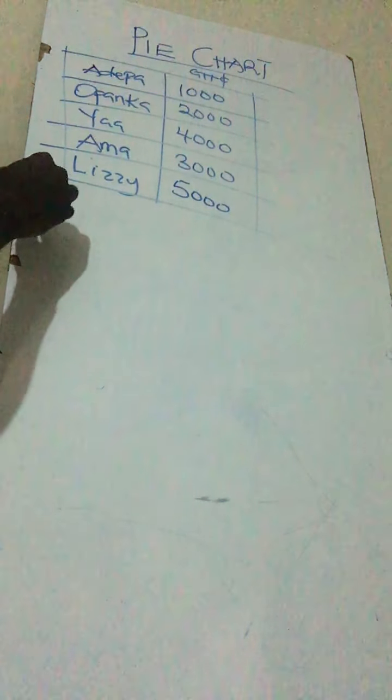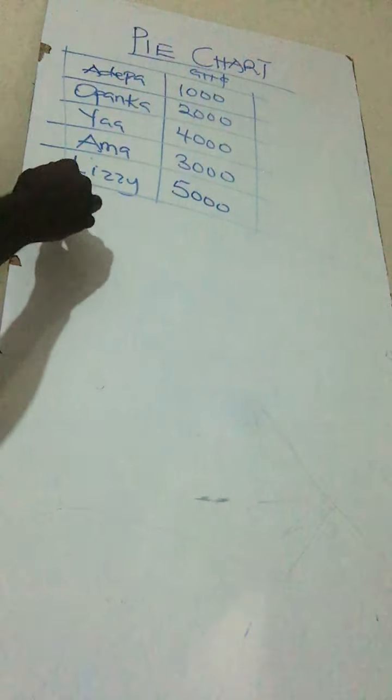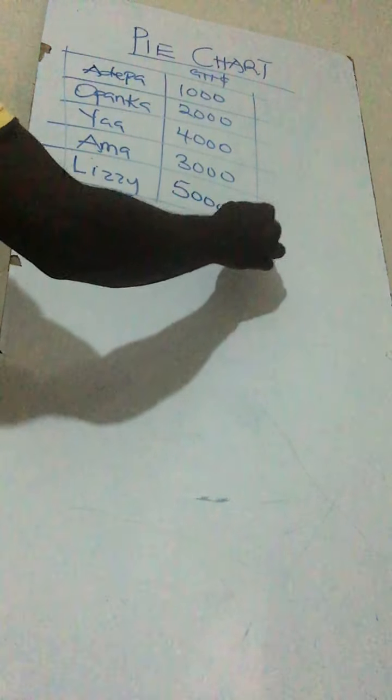You take Adepa. Adepa's own is 1,000 divided by the total money. 3,000, 7,000, 10,000, 15,000. The total money is 15,000, multiplied by 360 degrees.